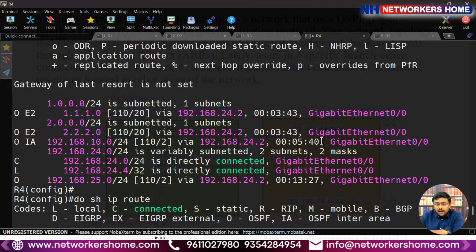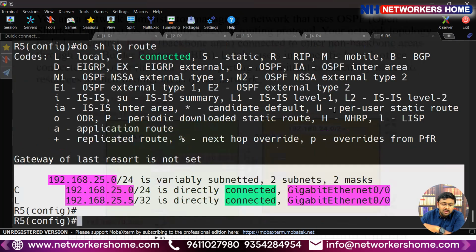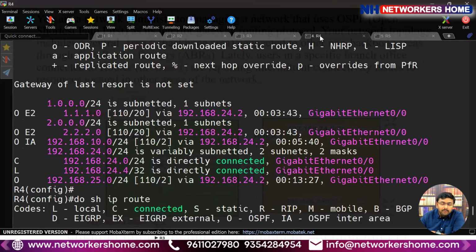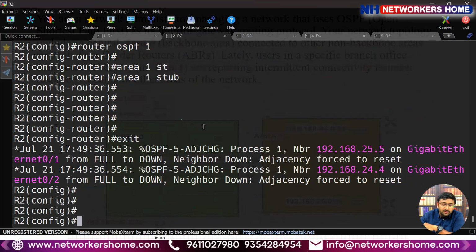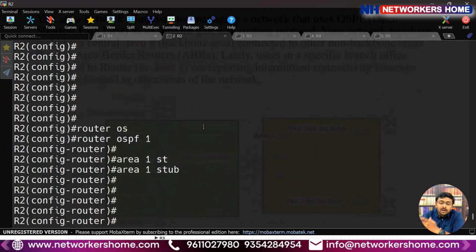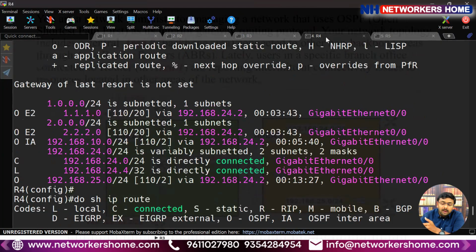Now, as of now, on router 4 and router 5, we are unable to receive this information. The reason is that we have not configured the stub on router 4 and router 5, and only configured it on the ABR router. So we need to configure the stub on router 4 and on router 5.